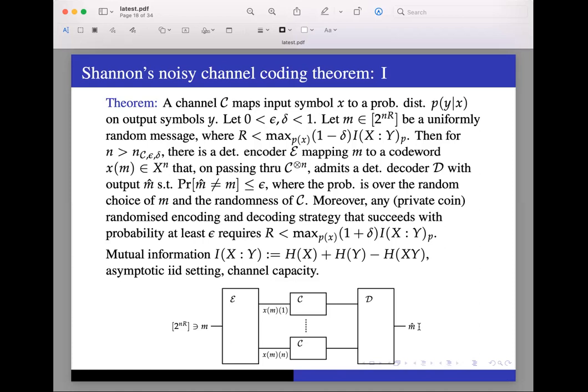M hat is the guess for m. And what we want is the probability that m hat is not equal to m is less than or equal to epsilon. Okay. So remember, the probability is calculated over the random choice of m and the randomness of C. So right now I'm thinking of deterministic encoding, deterministic decoding. So the source of randomness is the choice of m and the randomness introduced by the channel.